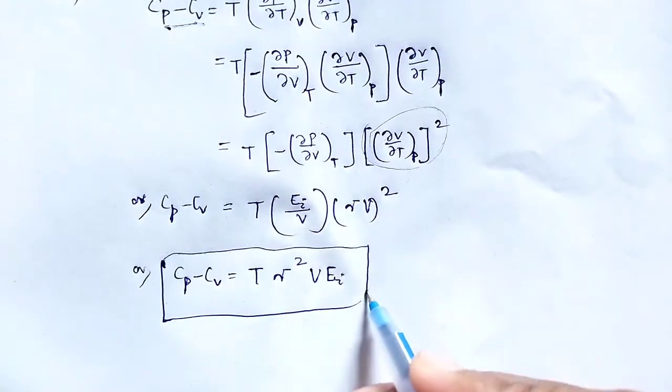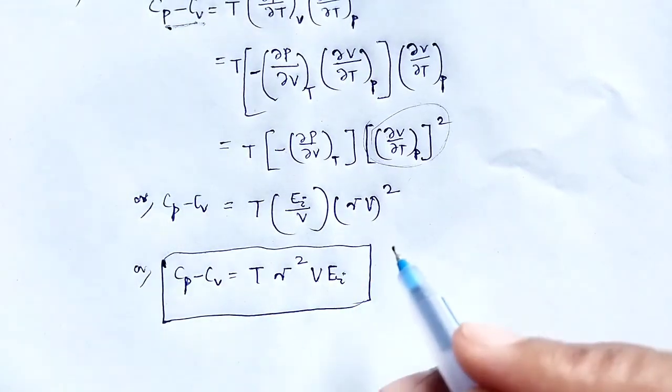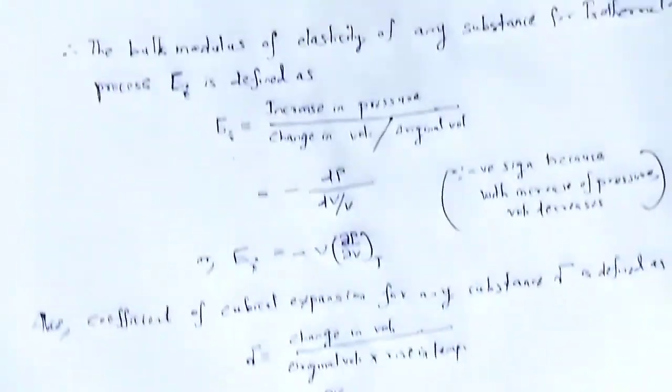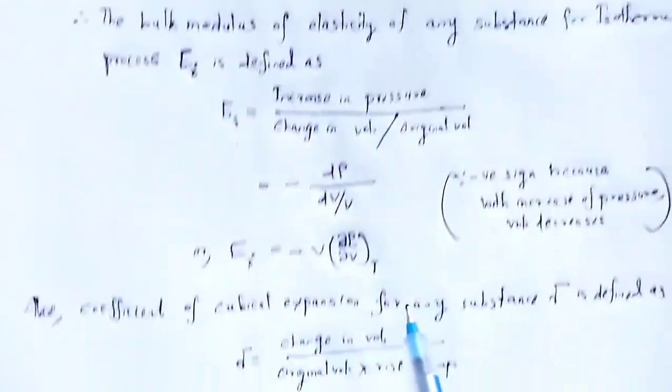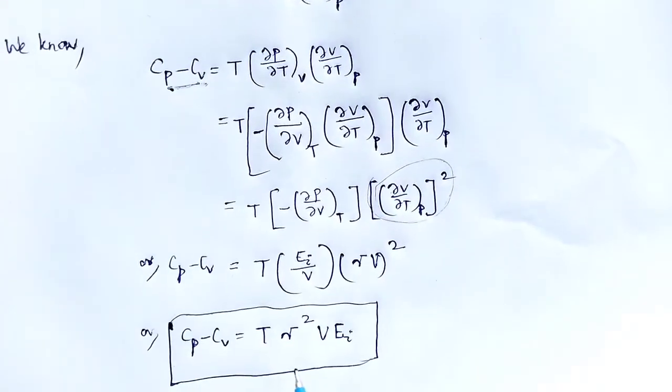That is the result of Cp minus Cv for any substance.